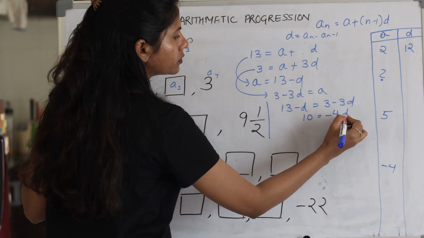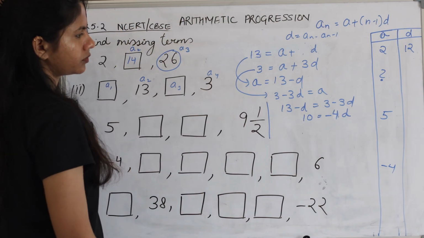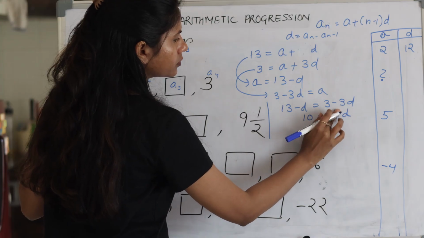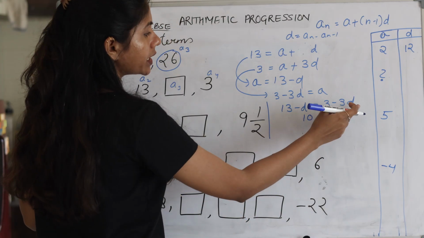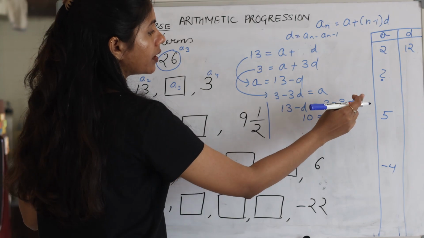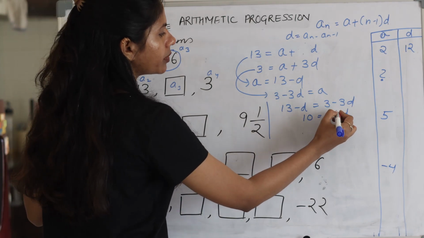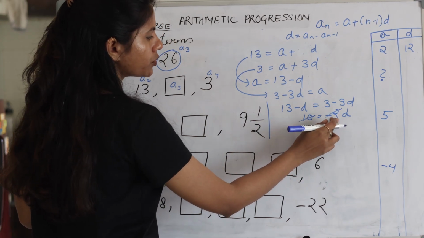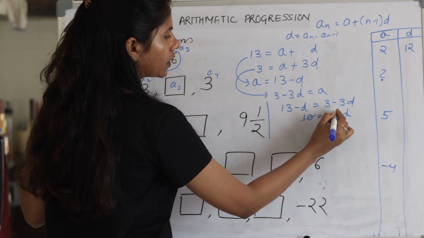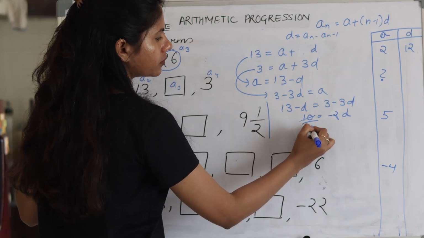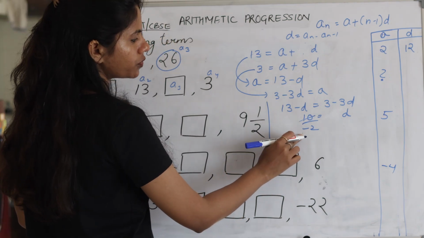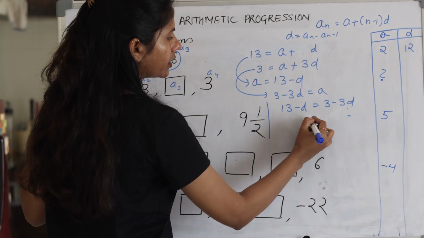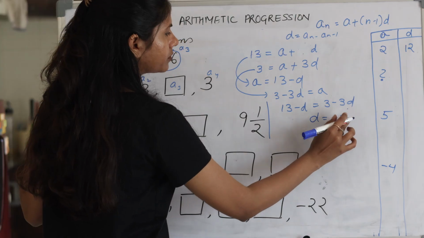Minus 2 goes to the other side in division. Minus 2 times minus 5 is 10. So d equals minus 5.